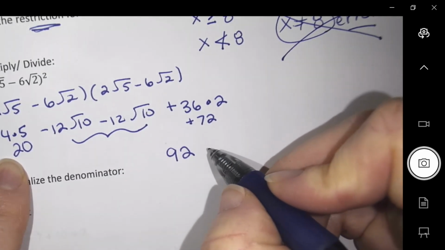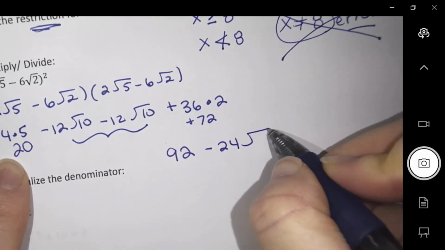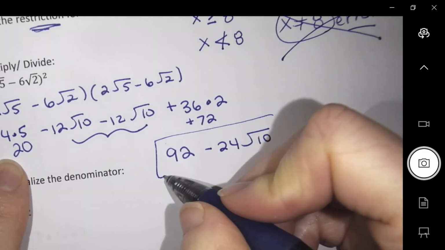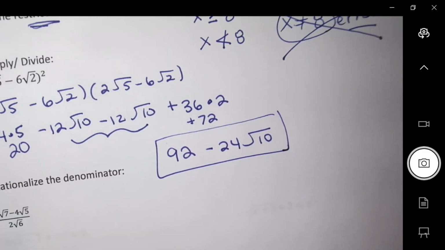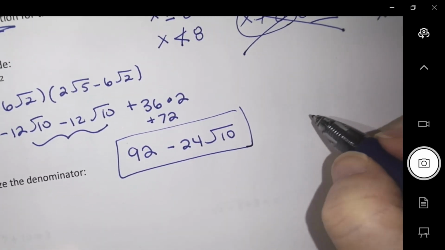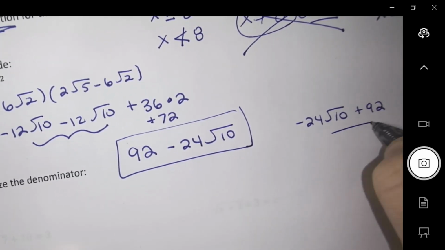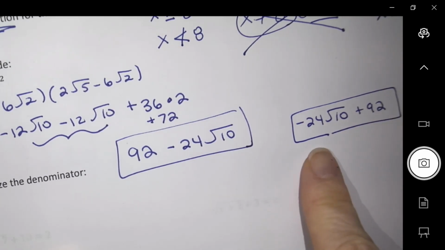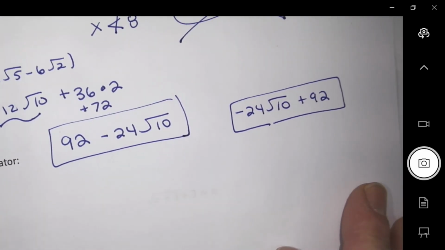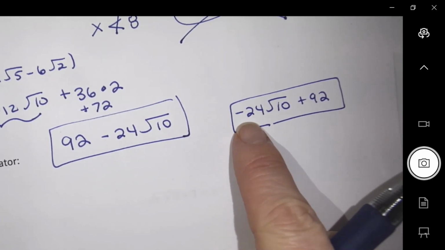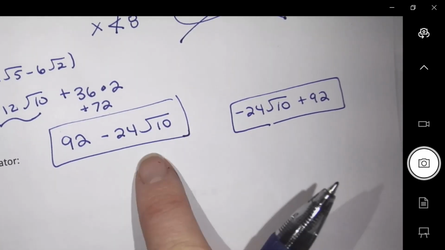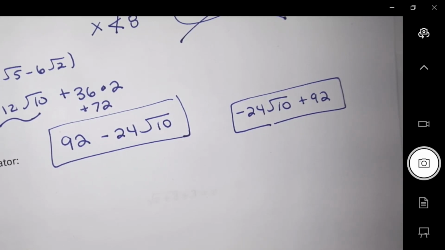So I have minus 24 root 10. Some of you have been asking me that yours looks different. So if yours looked like this, that's good too, right? It's just writing it opposite, as long as you see that this is negative and negative. It's the same thing.